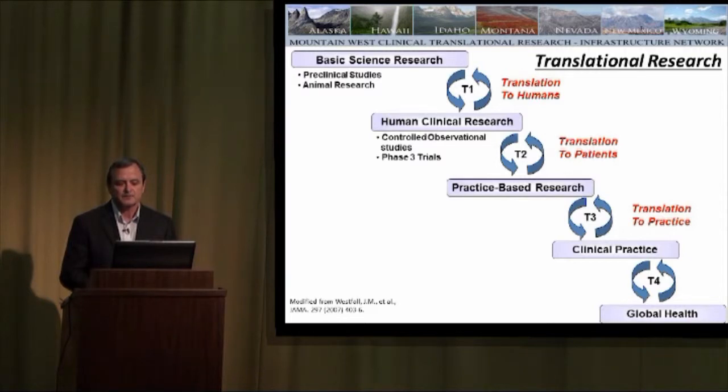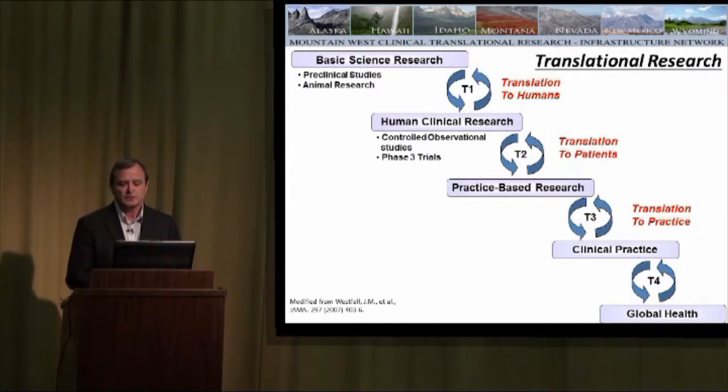That can be very important for relating to the next steps, but it is not in and of itself considered T1 research. Some definitions include that as T0 research. That is the first phase of this spectrum, but it is not funded by our CTR program. T0 preclinical animal research is not funded.